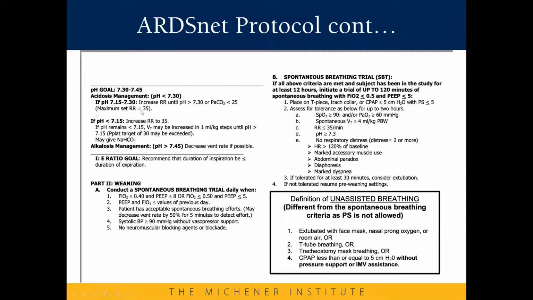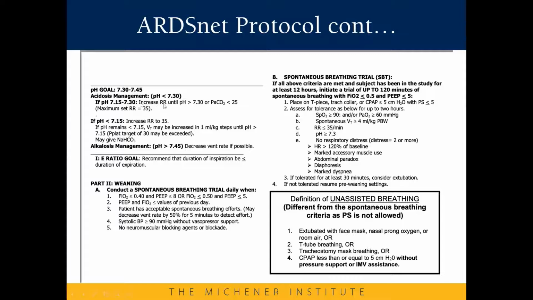And we're not going to increase our respiratory rate more than 35 breaths per minute. When we're making these changes, if our gas is 7.15, for example, we don't want to swing from 7.15 all the way to greater than 7.3. We're going to make changes slowly to move the patient there in a stepwise fashion.